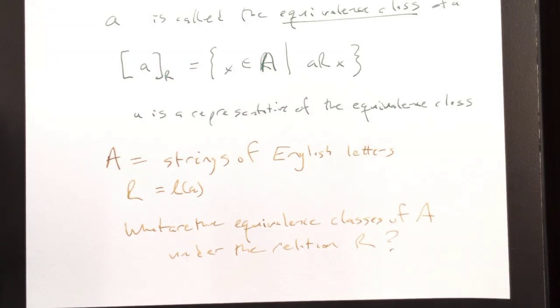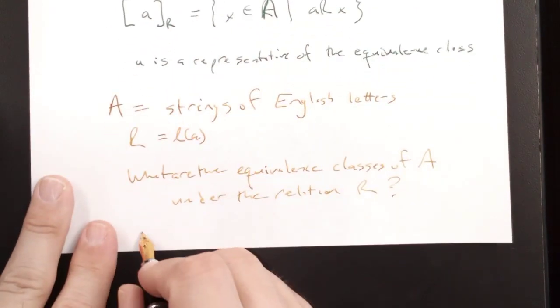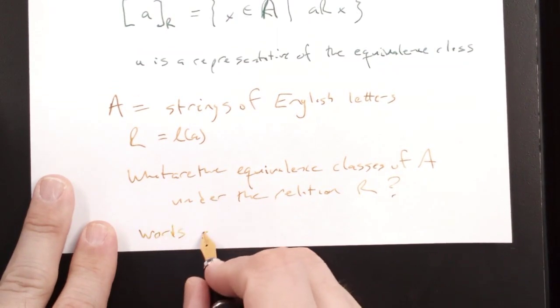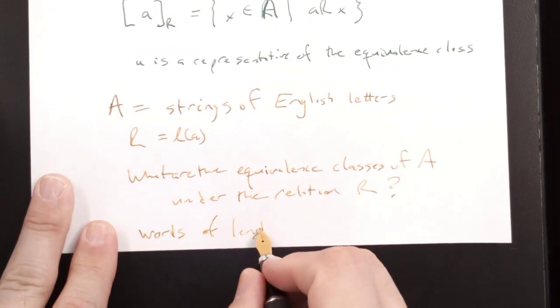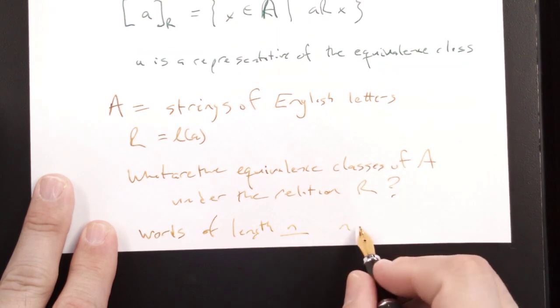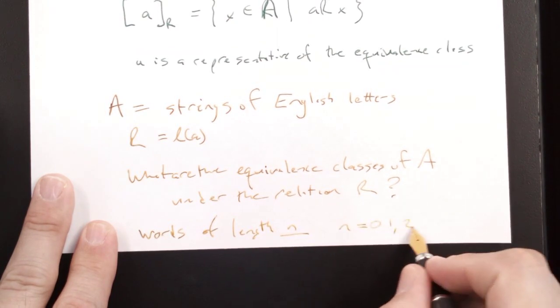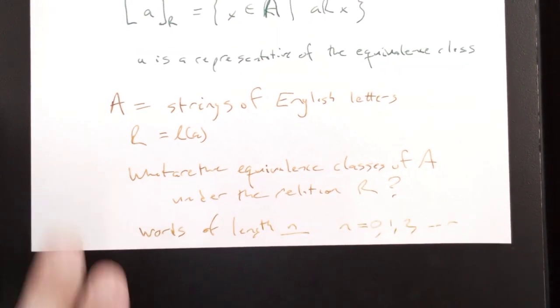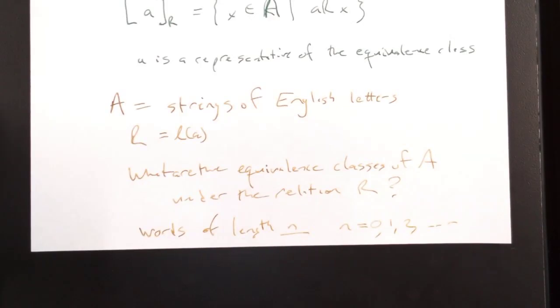We missed a class. Words of length 0. There's only one item in that class, right? The empty word. So I have an equivalence class for every natural number under this relation.